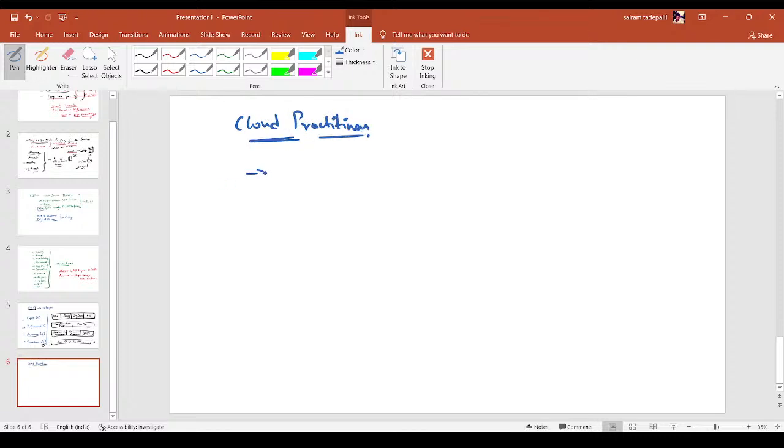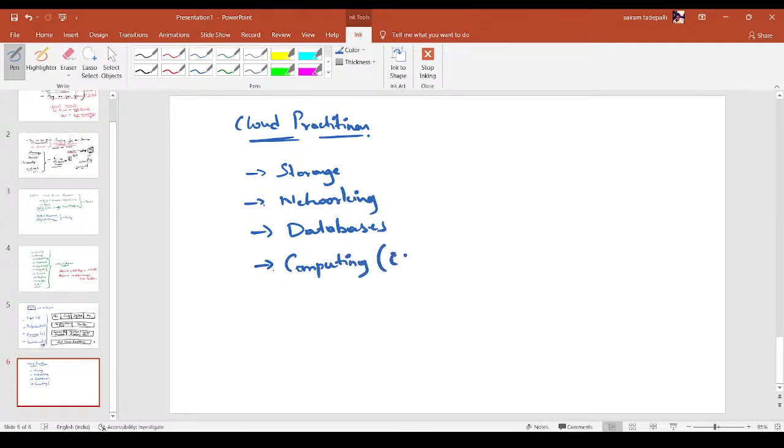In this Cloud Practitioner, you will be getting the concept of storage, networking, basics of databases, and computing, like EC2 instances, running EC2 instances, you will get information like that, and maybe app management, like IAM, identity access management.